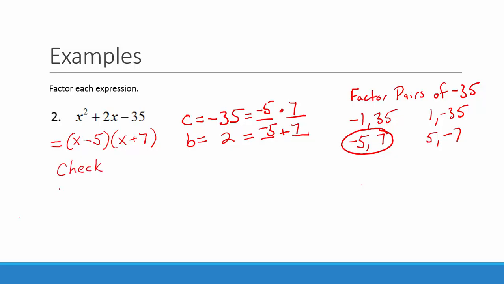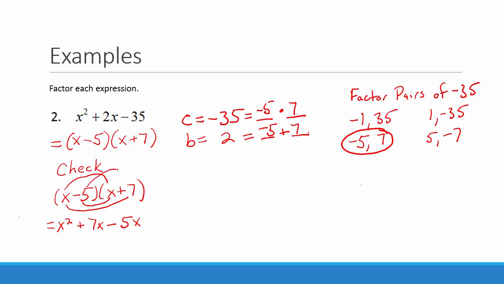So let's multiply x minus 5 quantity times x plus 7. X times x is equal to x squared. X times 7 is positive 7x. Negative 5 times x is negative 5x.